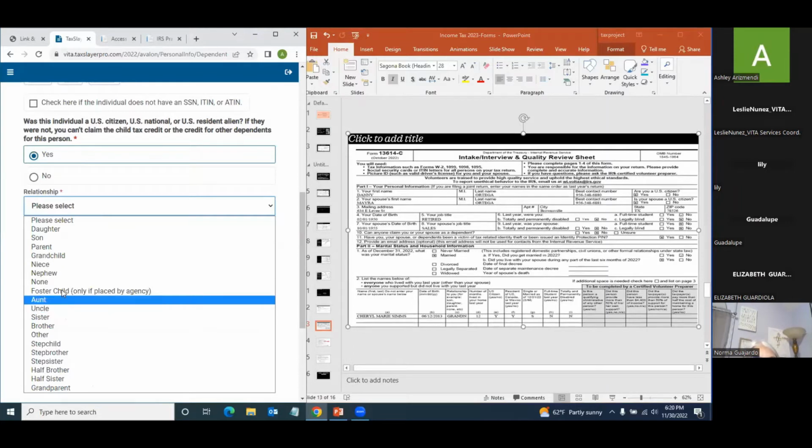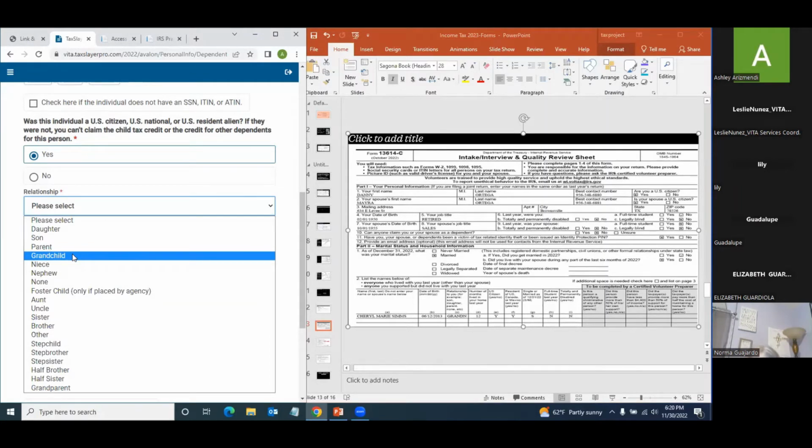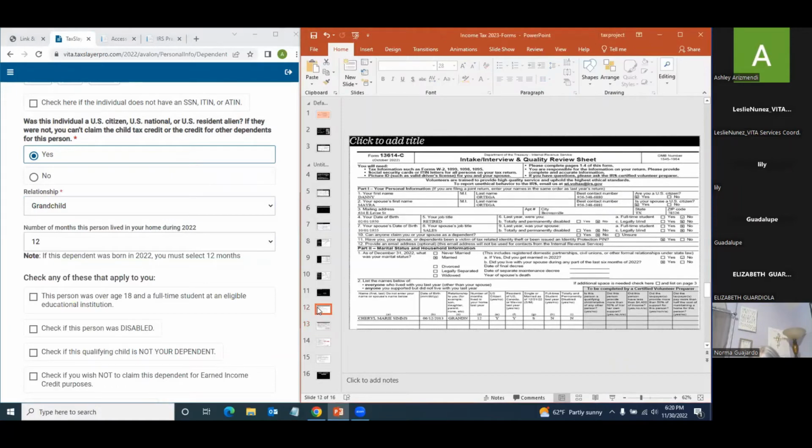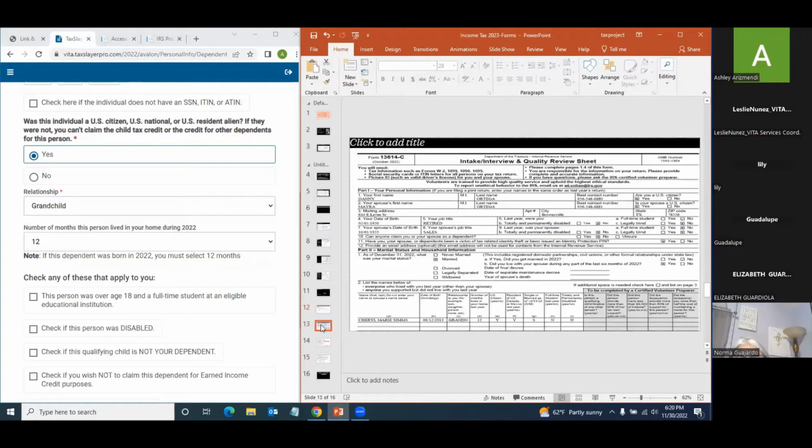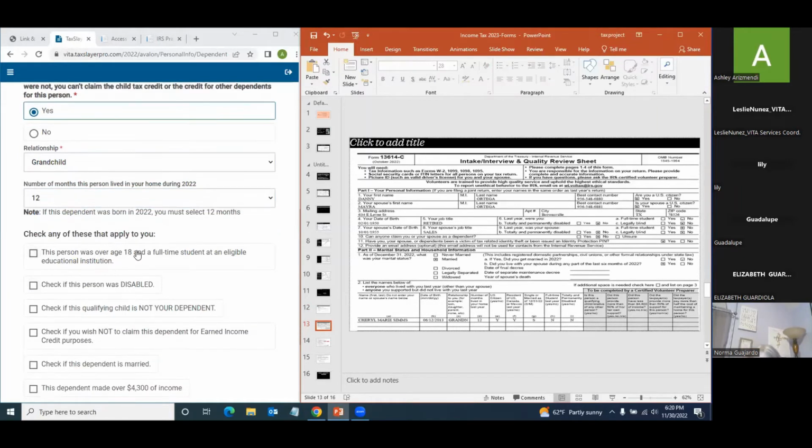So what would you put, niece or other? Because it's not there, we would put grandchild for this case. And she did live in the home for 12 months. She's not over the age of 18 nor a full-time student, so we wouldn't check that. She's not disabled, so we're not gonna check that.